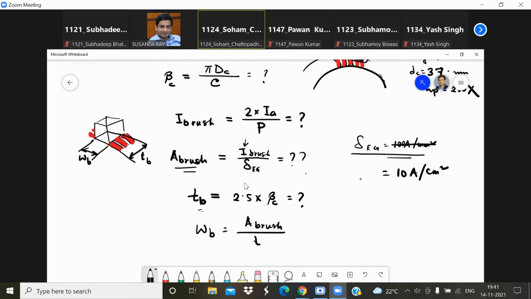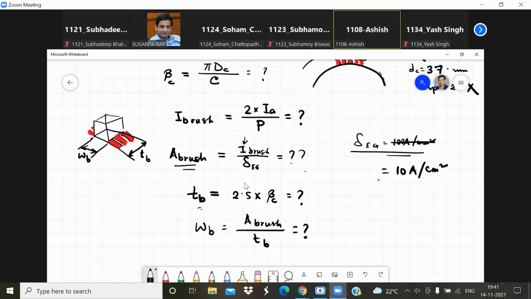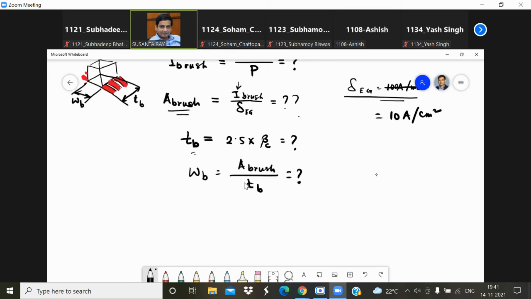Sir, for a 110 kilowatt machine, I'm getting PV as 18.96. Can be. Sir, for a 30 kilowatt machine, I am getting thickness of brush 10.8 mm. Whatever.